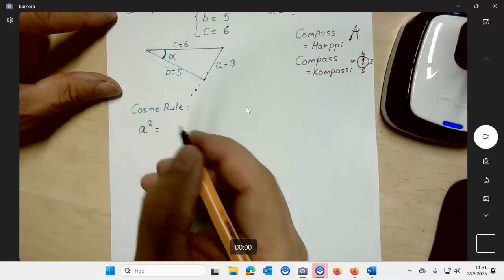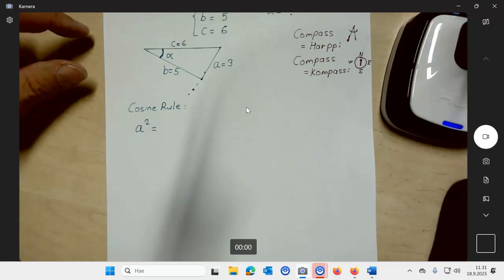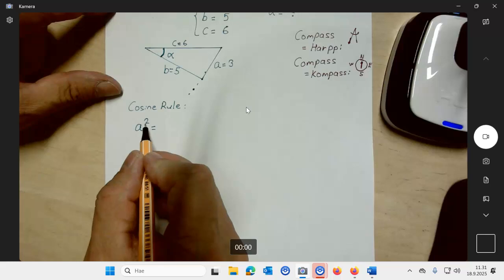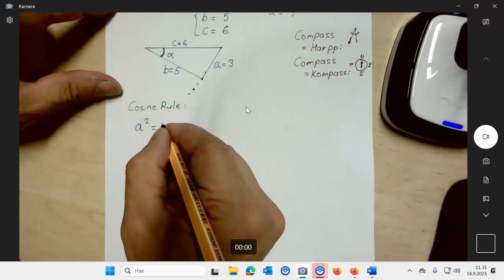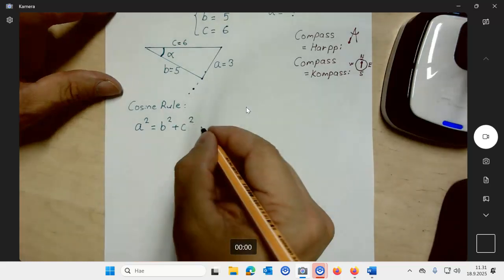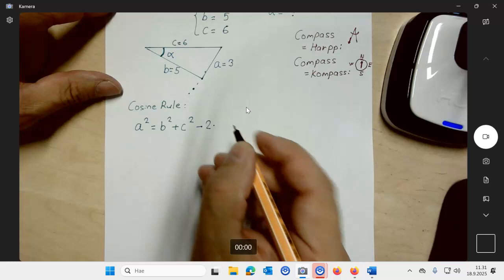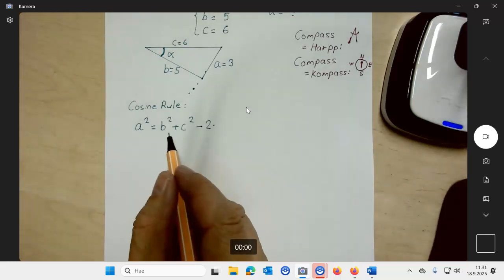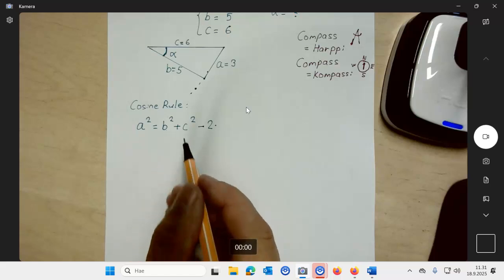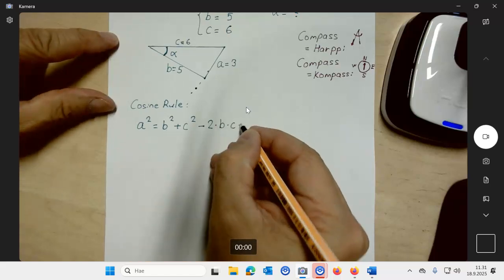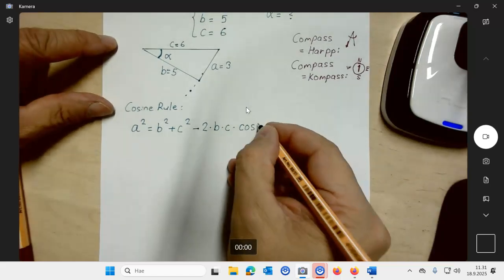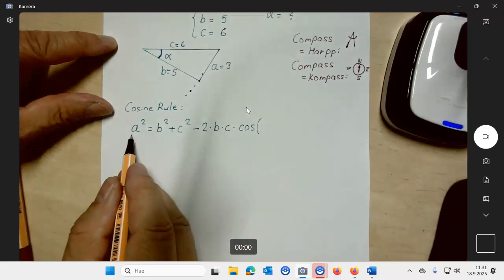A squared, and again, if I go step by step, I have A here in the left hand side, so I will get the other letters in the right hand side squared. Then I have minus sign and 2, and after that the same letters, B times C. And then this is cosine rule, so I will use cosine, and the angle is the same letter as here.